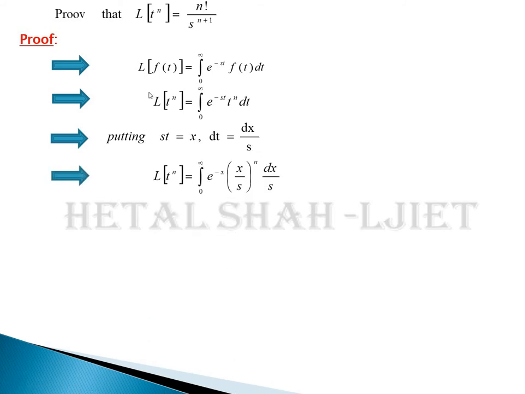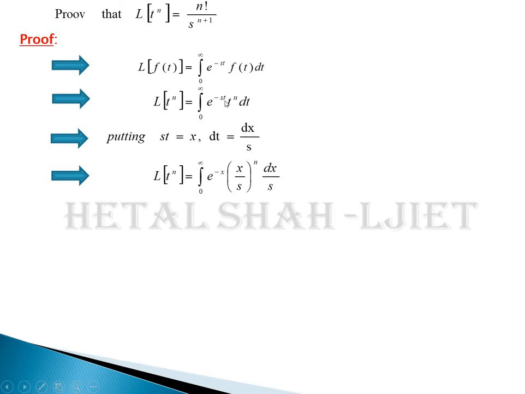Now substitute this value to convert your variable t into x. When your limit of t is 0, x is again 0, and when t is infinite, x is also infinite. So your lower and upper limits are the same for the change of variable to x.